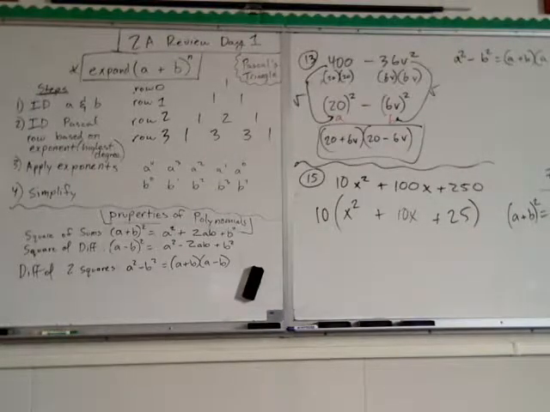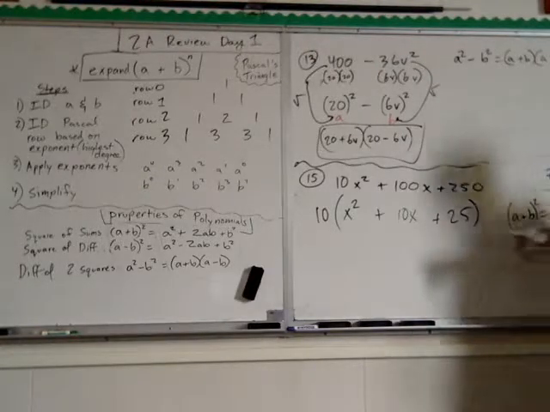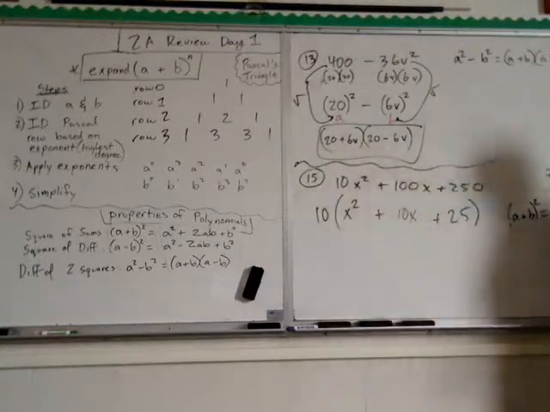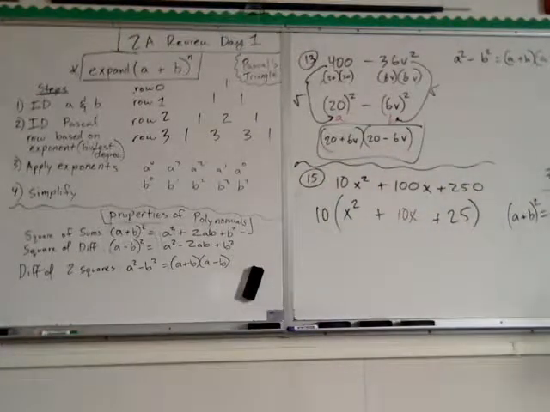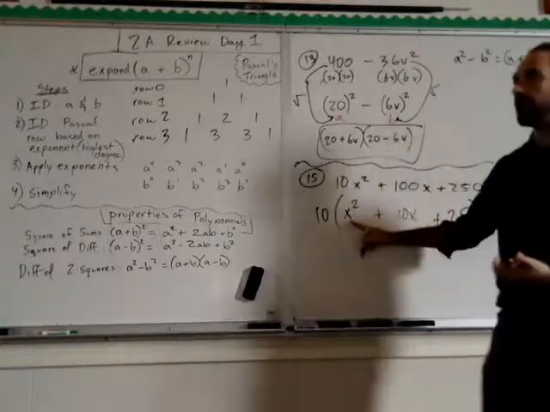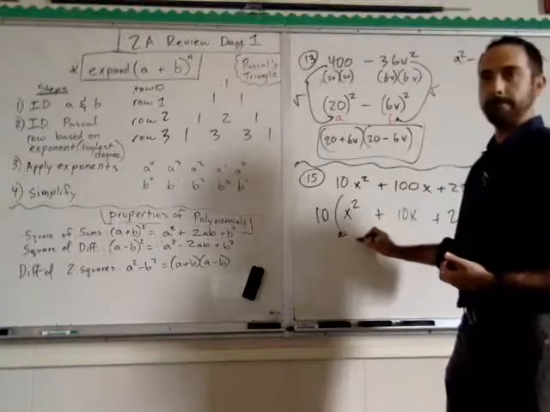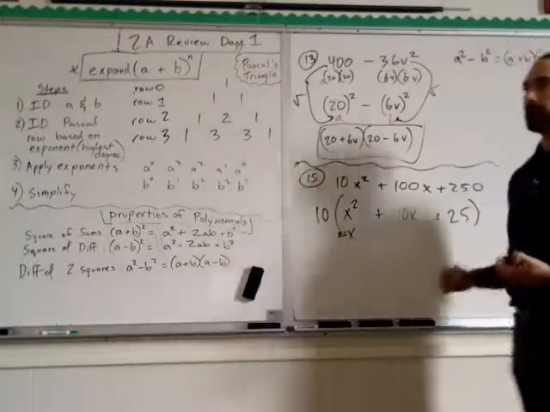A and b are part of our middle term, but if I find what a is, which is going to be easier if I look at the first term, and b, looking at the last term, I don't even need to look at that middle term. Because if I look here, x squared is equivalent to a squared. So what is my a value? A squared is x squared. My a value is equal to what? X.